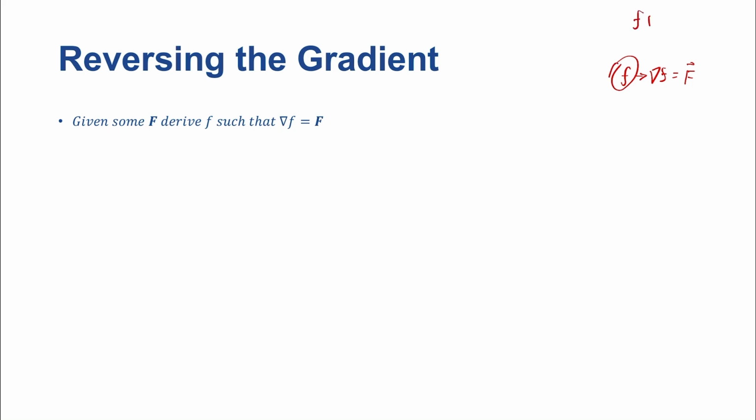So I get some f plus c, and the c goes away because we take all the partial derivatives. But if I'm able to find this f, then that's the one it's got to be, right?